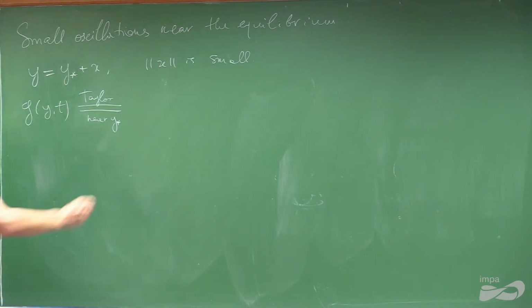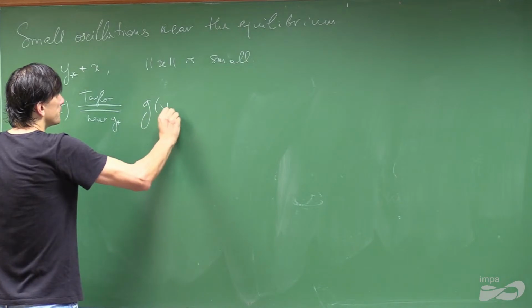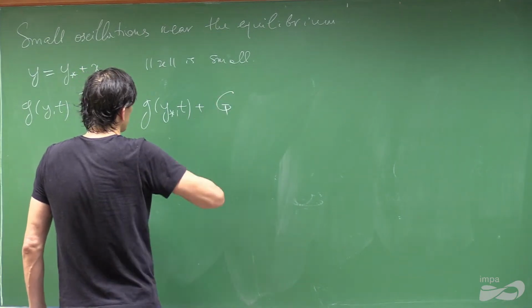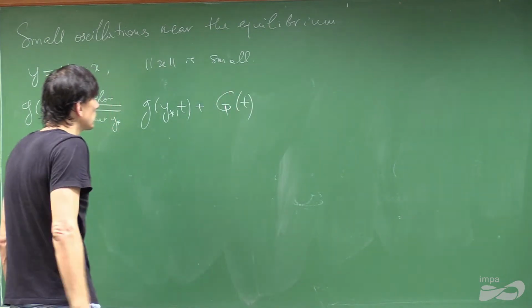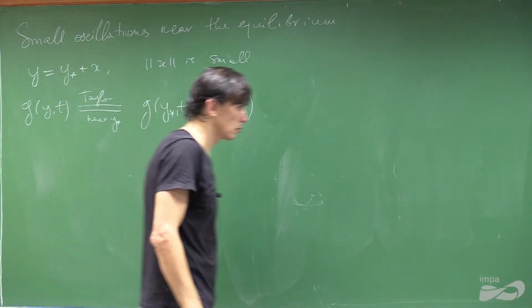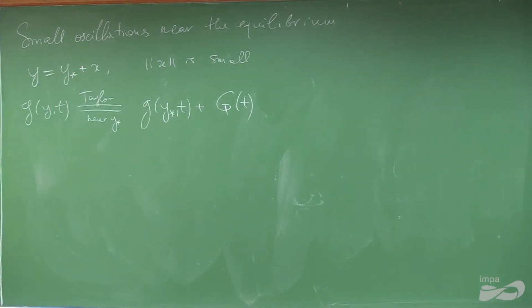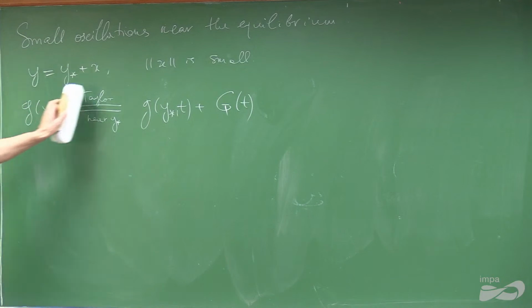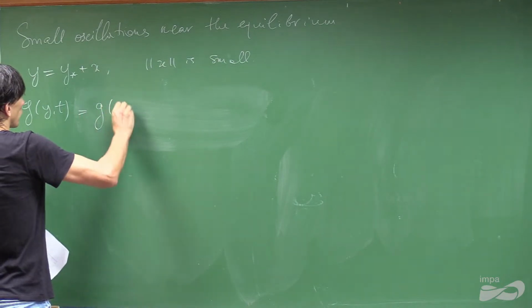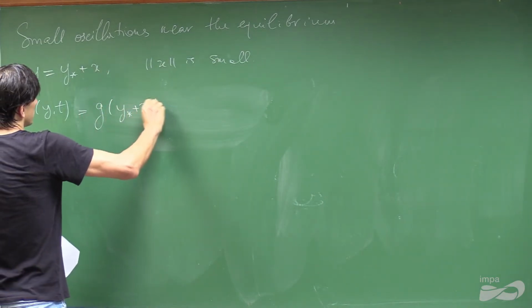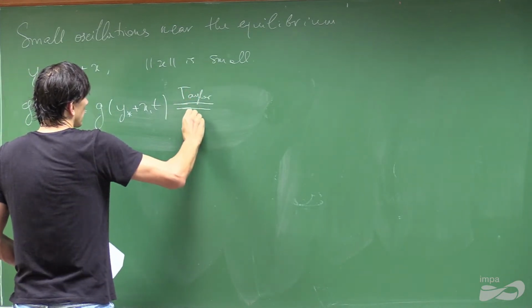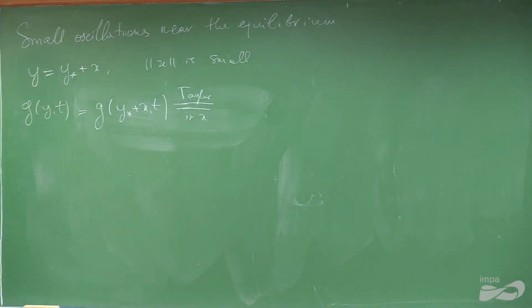So we write g of y star plus x, t, and make a Taylor expansion in x, because x is small.